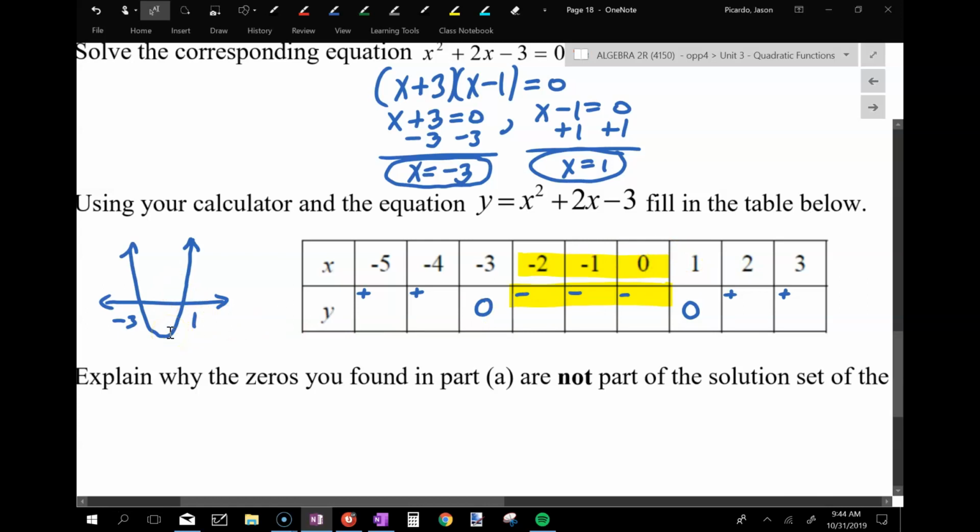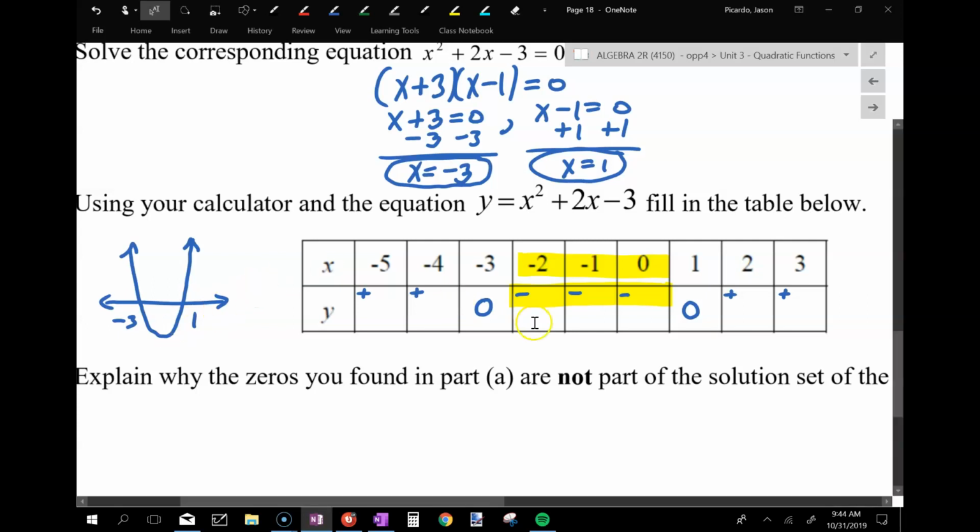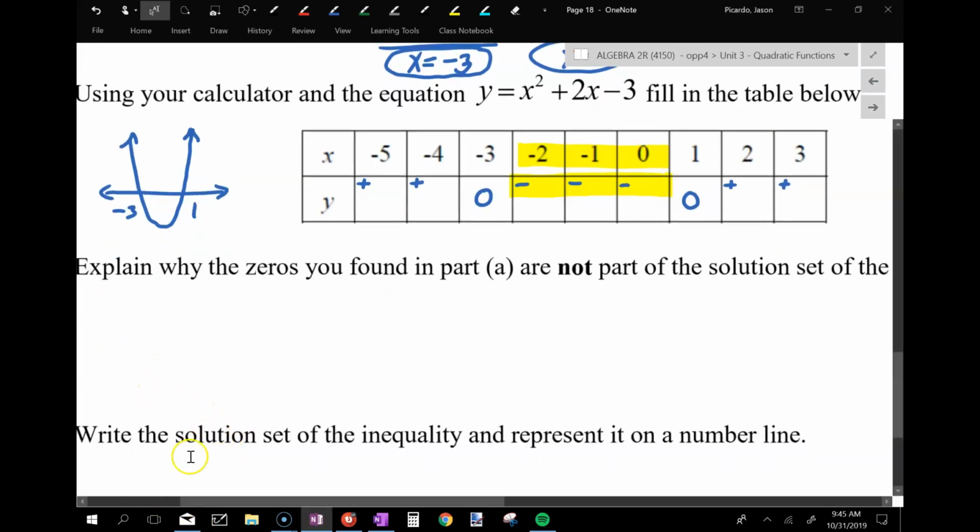So what about at a half? Still what? Still negative. What about at 3/4? Still negative, right? So I want to be careful about this, guys. It's 0 at -3, 0 at 1, and everything in the middle is going to be what? Negative, right?